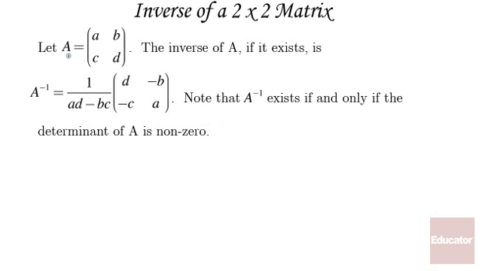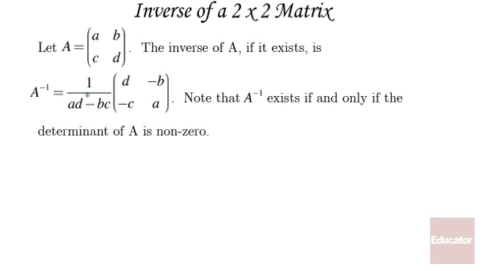So if we have some matrix A that looks like this, the inverse of A, if it exists, is given by this formula. A inverse equals 1 over, and if you look at this, AD minus BC, this is going to look familiar, and that is the determinant of this matrix. So remember that the determinant of a 2 by 2 matrix is given by the formula AD minus BC.